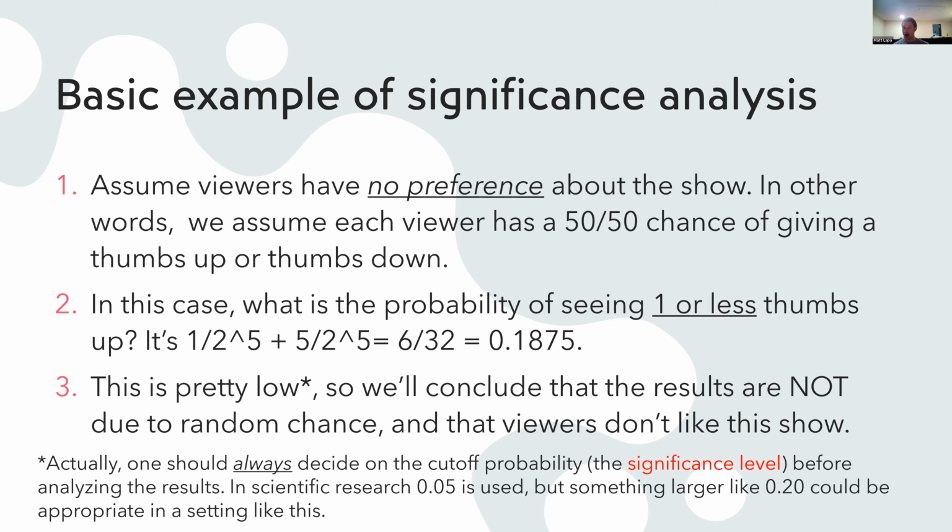They can quickly resolve it by looking more closely at the person's stuff, but they really don't want to miss a case where there is something there. So you can think of that as a case where you might set the significance level really high. But in scientific research, they tend to set it lower.